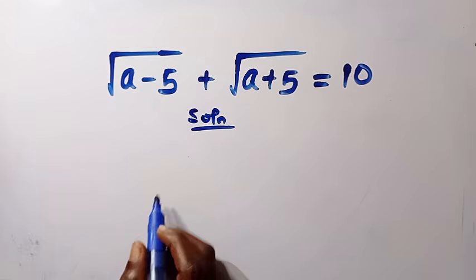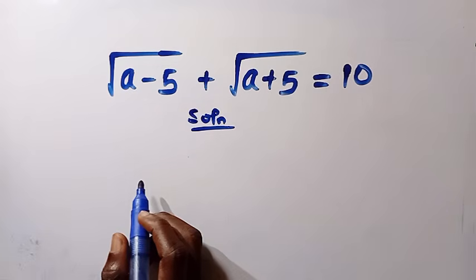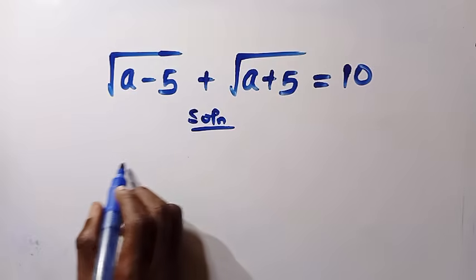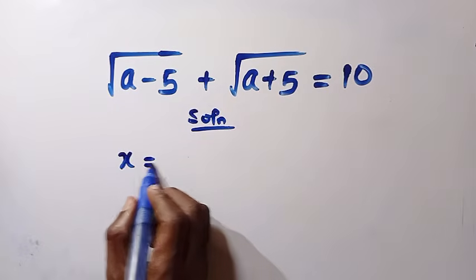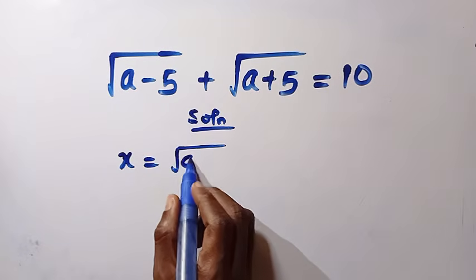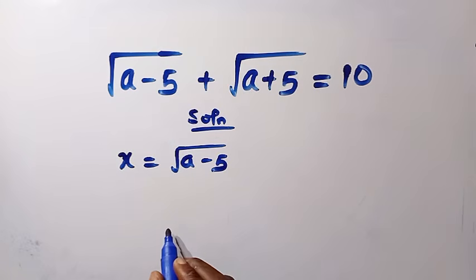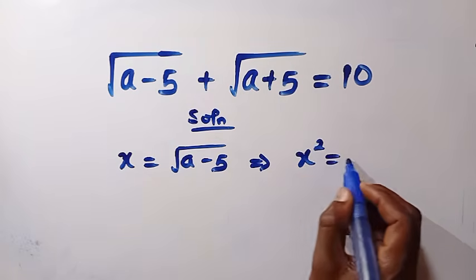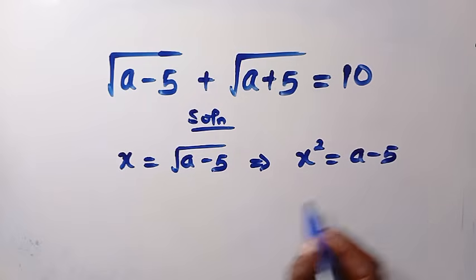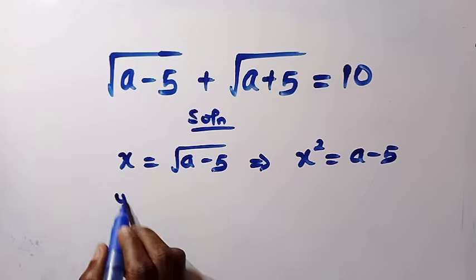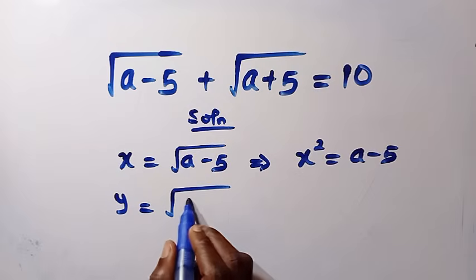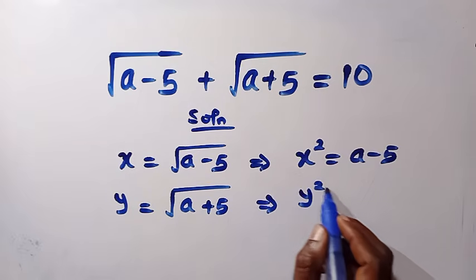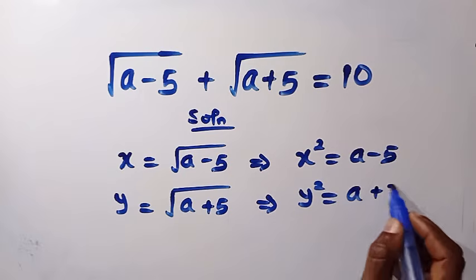So the first thing is to make this very simple. Suppose I try to let this with another letter. Let's say I have x equals the square root of a minus 5, and with this it implies that x squared equals a minus 5, and if I let y equals the square root of a plus 5, this also implies that y squared equals a plus 5.